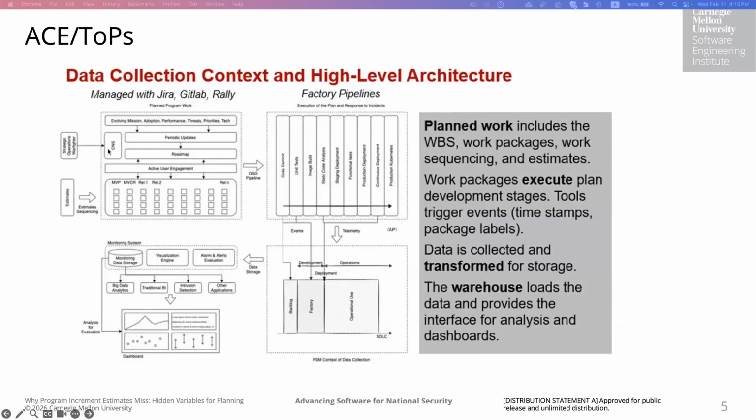To give you a little context, this is a conceptual diagram of what the ACE system looks like. That upper left quadrant is basically all the planning. ACE has insight into your roadmap, all of the Jira workflows. As the work progresses, it actually goes into development, and that includes the coding and the factory pipeline.